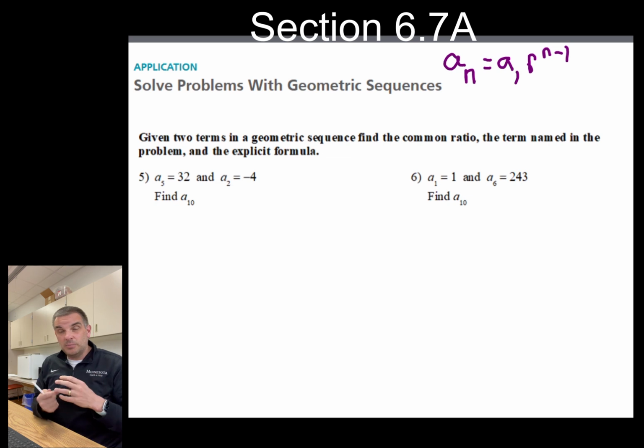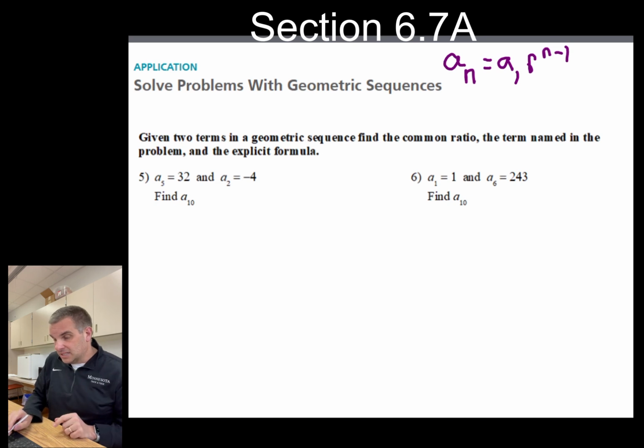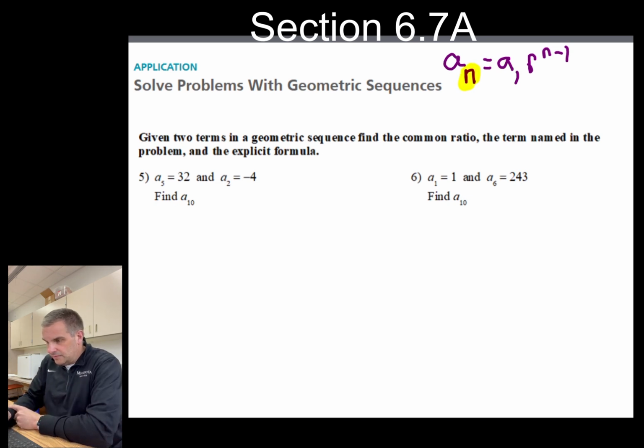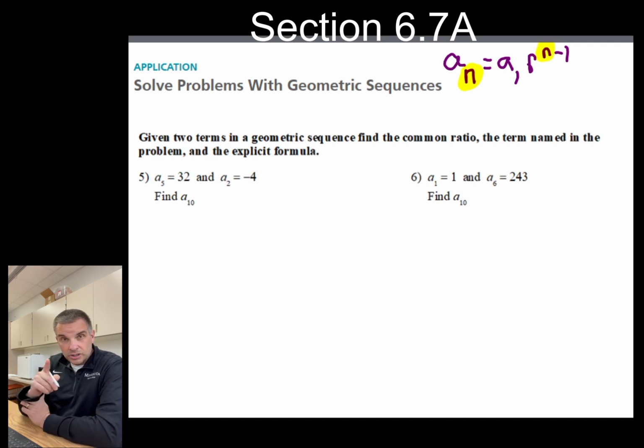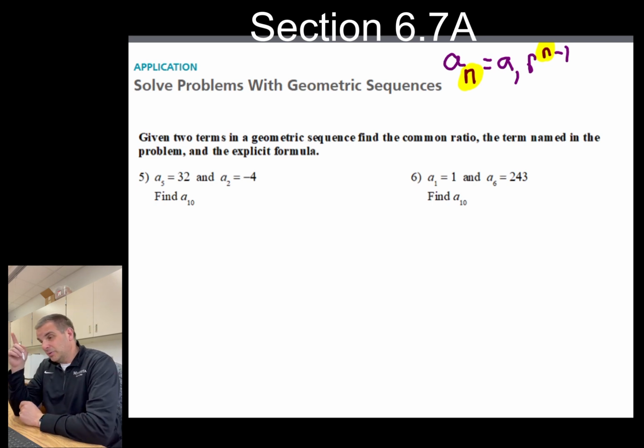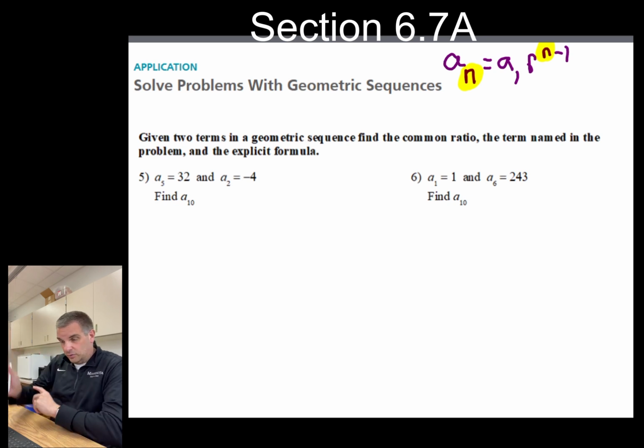It can be any term. That n value can be any term, as long as whatever you have written here and whatever you have written there are the same, you're good to go. You can put an 11 there, and you can put an 11 there. You have to put an 11 on your ratio.